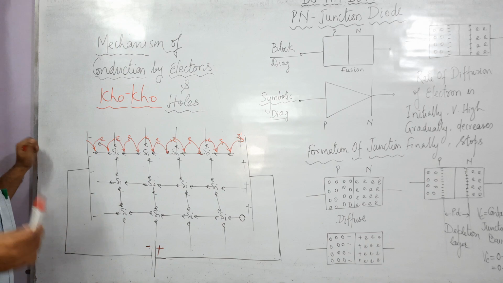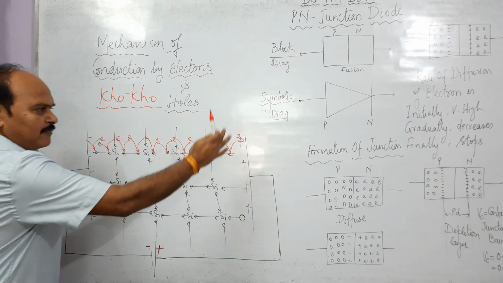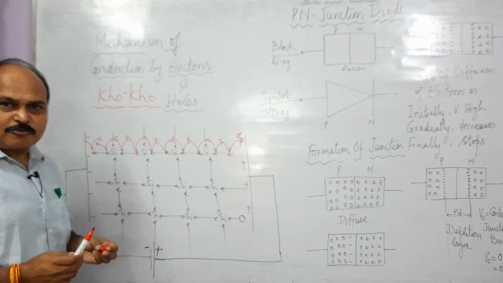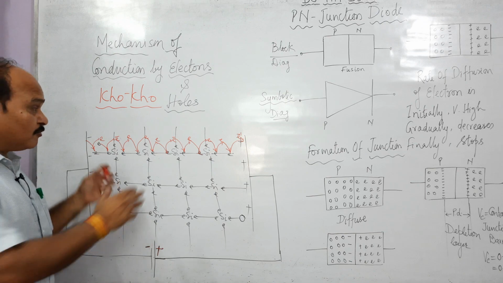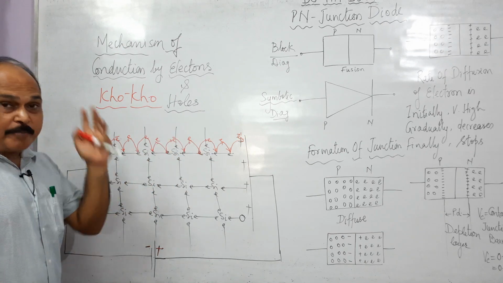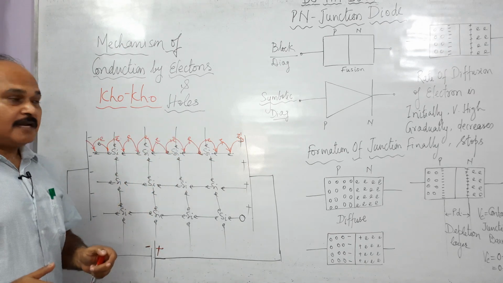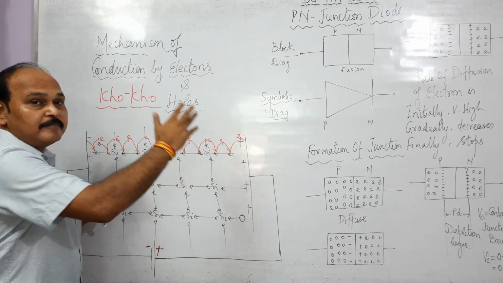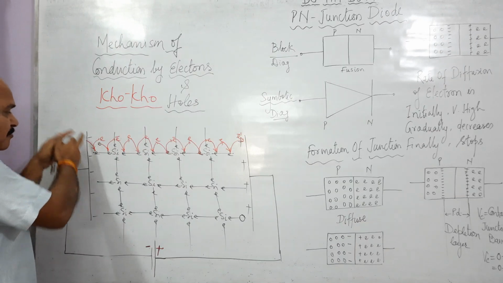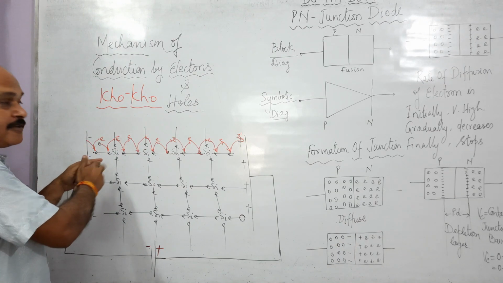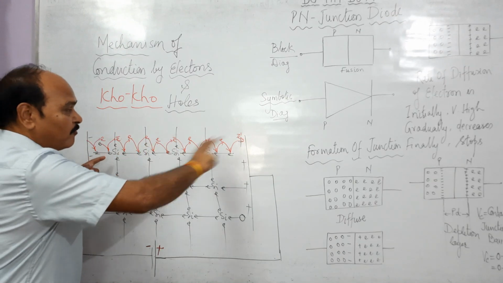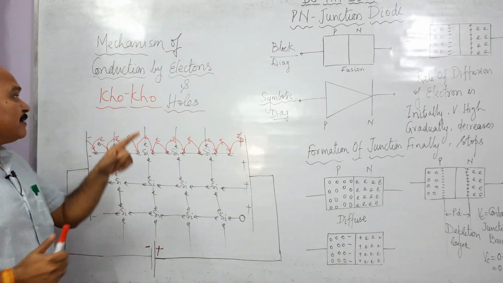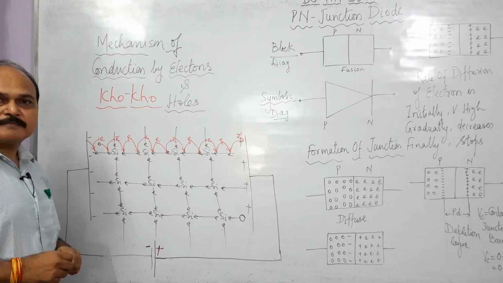So what happens? This way, the total number of electrons throughout the semiconductor per unit volume remains constant. As many electrons leave the block per second, the same number of electrons move inside from the other side. And this way, electrons move by playing the very popular Indian game of Kho-Kho.